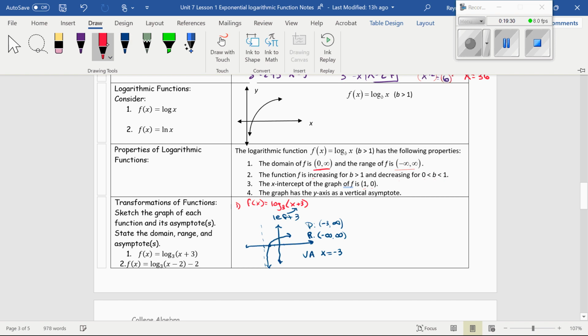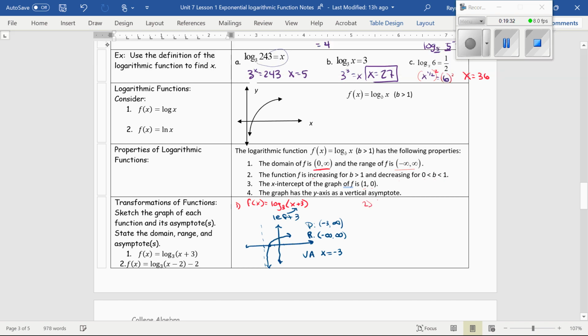All right. For the second one, log base 3 of x minus 2 is your function. I should have put f of x equals here. And so this shifts right 2 and down 2.